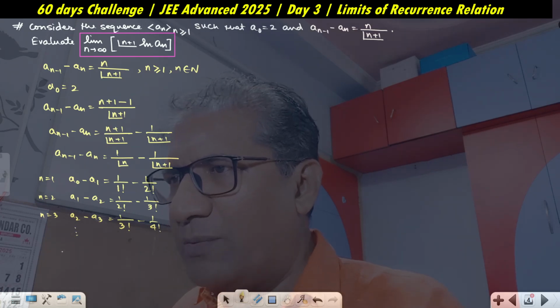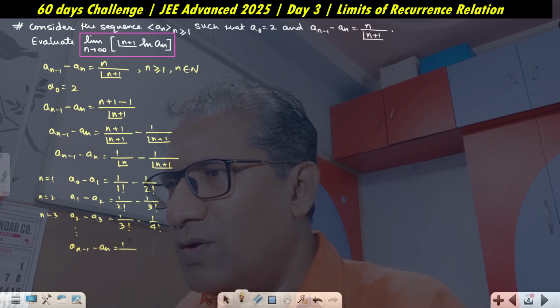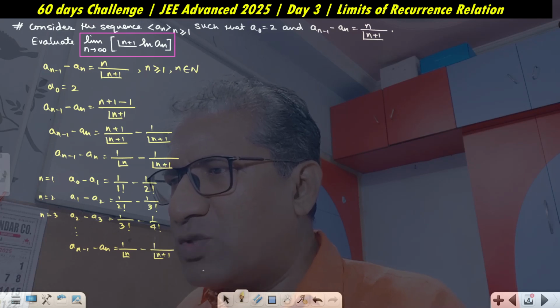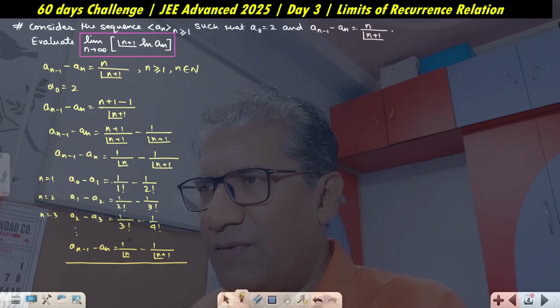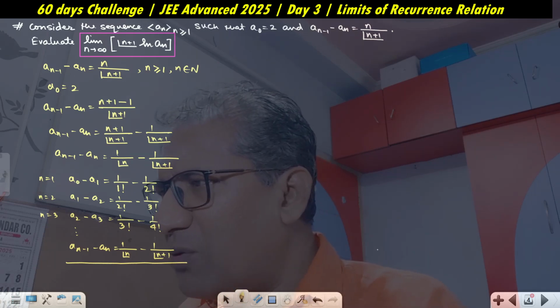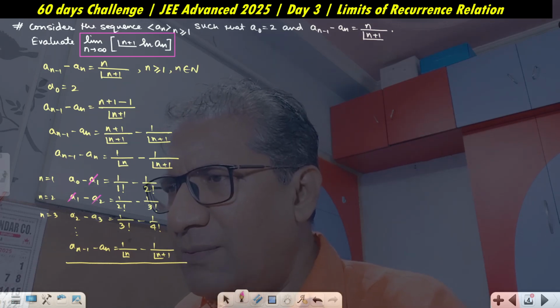And this thing goes on. So the last term will be a_{n-1} minus a_n equals 1 over factorial n minus 1 over factorial n plus 1. Now let me add the corresponding sides. If I add the corresponding sides, on the left hand side these terms will get cancelled.